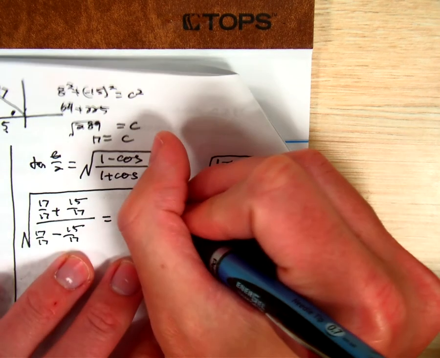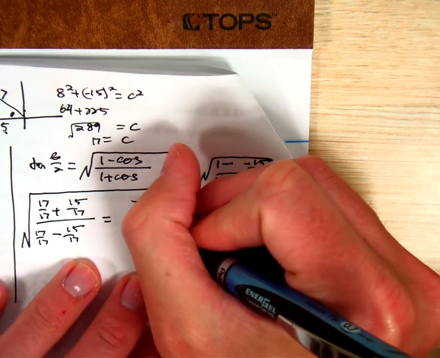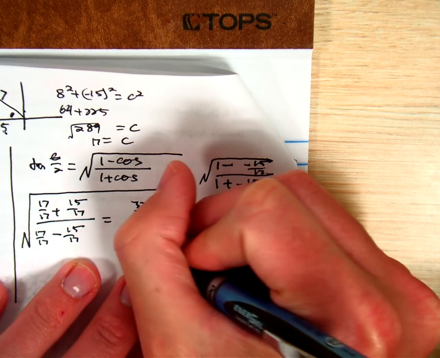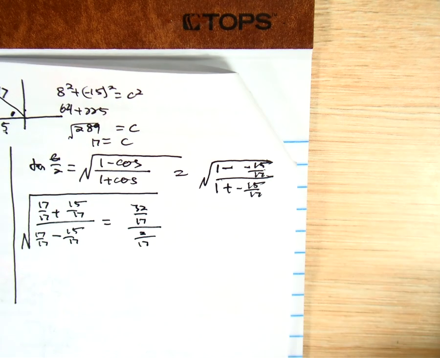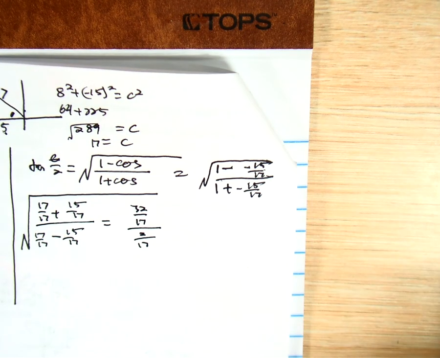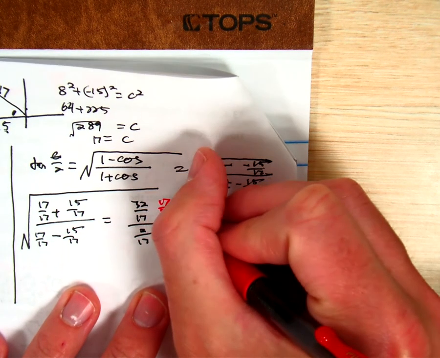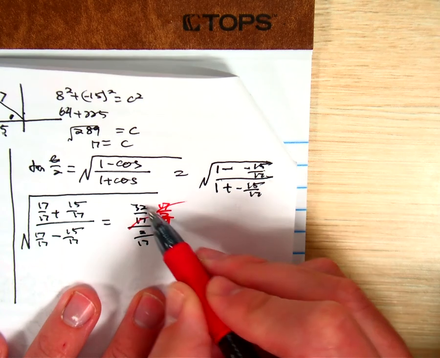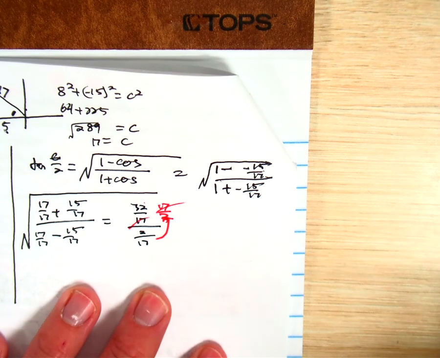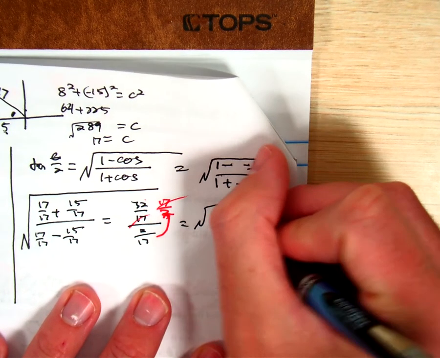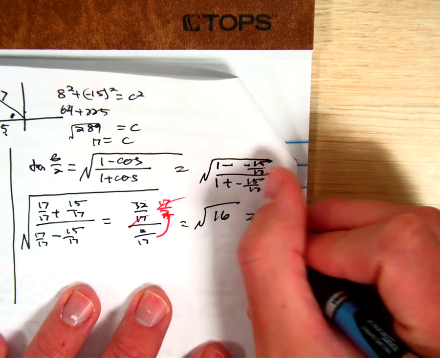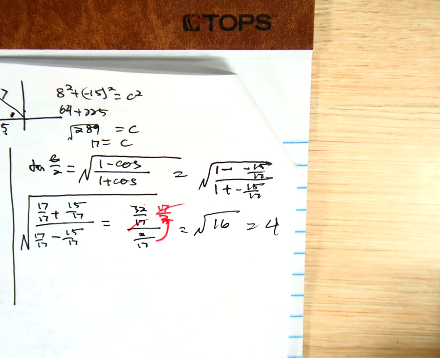Okay, so we're going to have 32 over 17 over 2 over 17. Oh wow, this is going to be nice. They don't always work out this nice, okay? Flip it, multiply, the 17s cancel out, 32 over 2 is 16. And this is going to be 4. Wow.